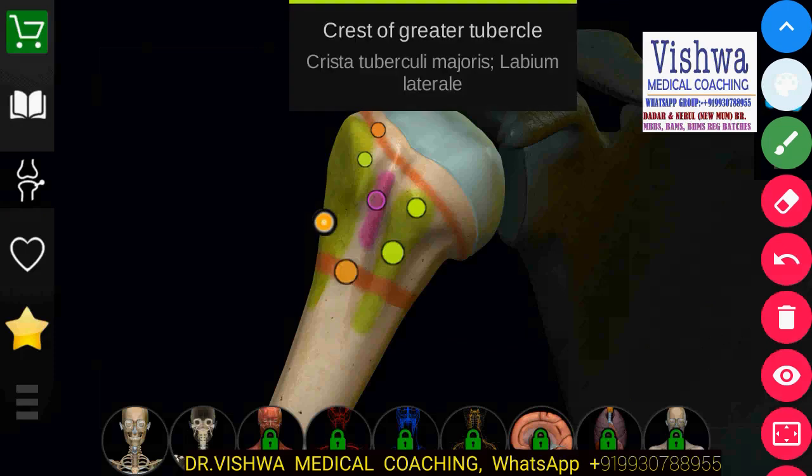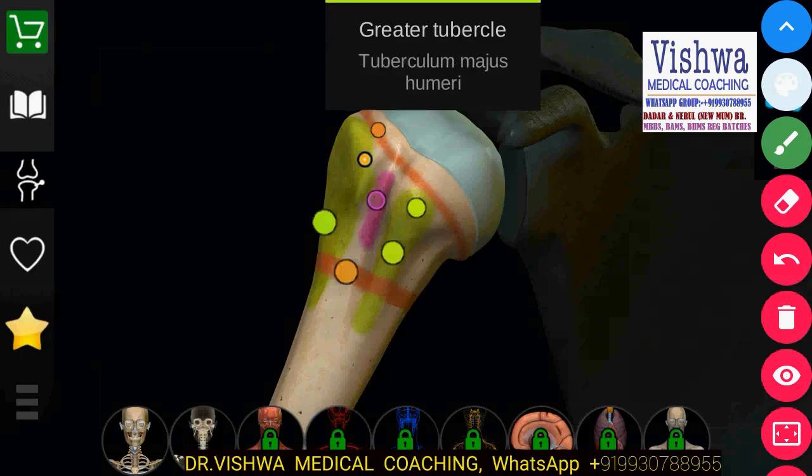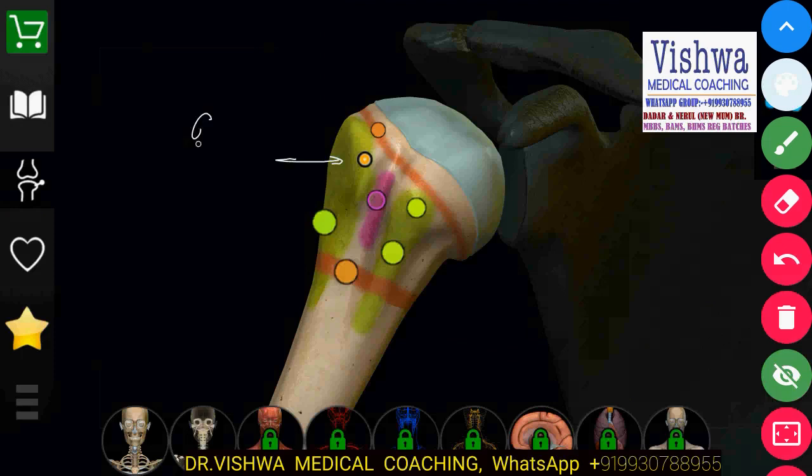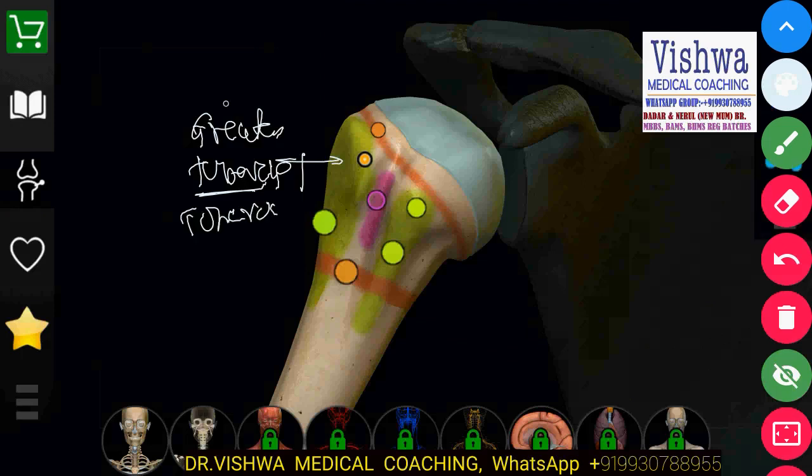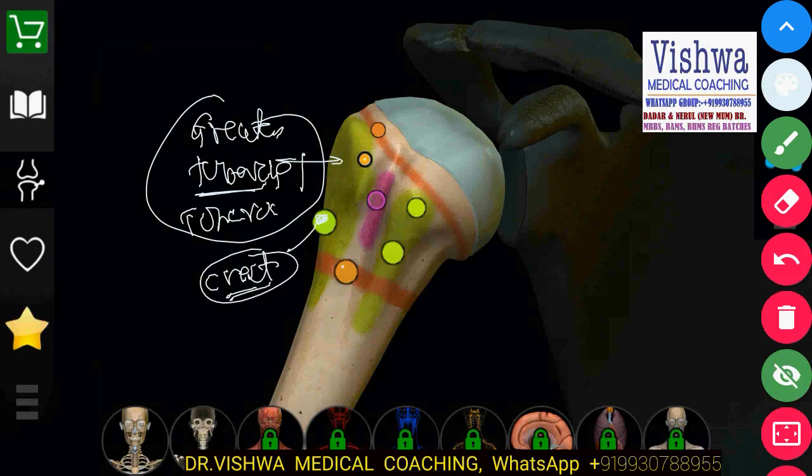This is the greater tubercle, or tuberosity. Here we have a lot of muscles which are getting attached, and this particular portion is the crest for the greater tuberosity.